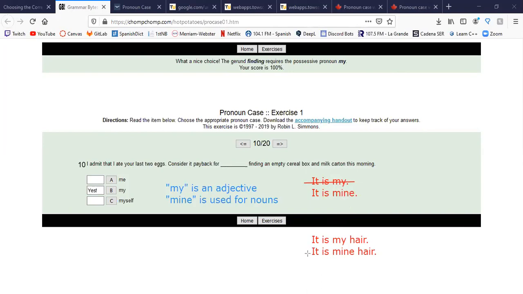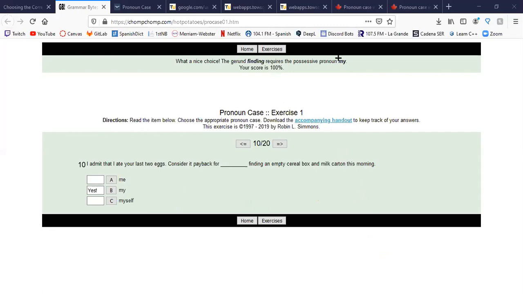But you can't say it is mine hair here, because here we need an adjective for the noun hair. So it would be it is my hair. So basically mine can be by itself, but my can't be by itself, if that makes sense. That might be an easier way to think about it. So you would say it is mine and it is my hair, but not it is my and it is mine hair. Okay, so let's just erase all that. Yeah, okay, erase all that. Cool.